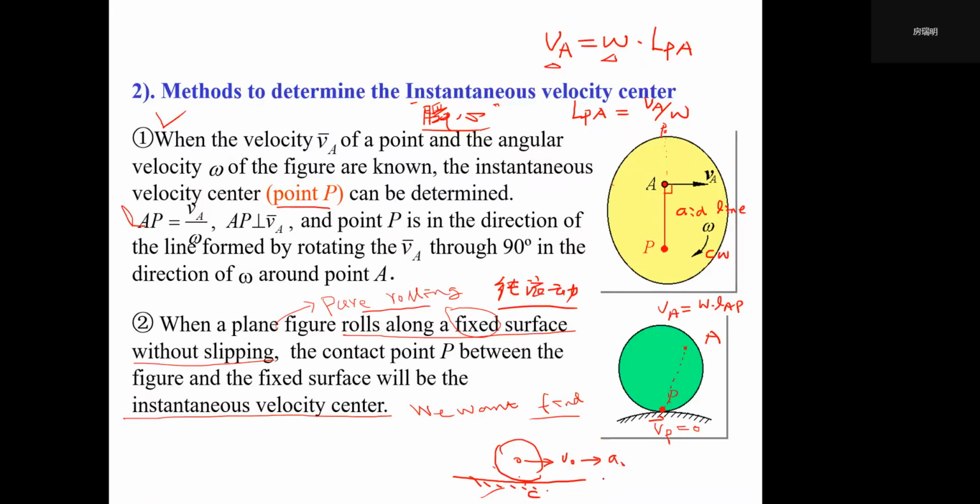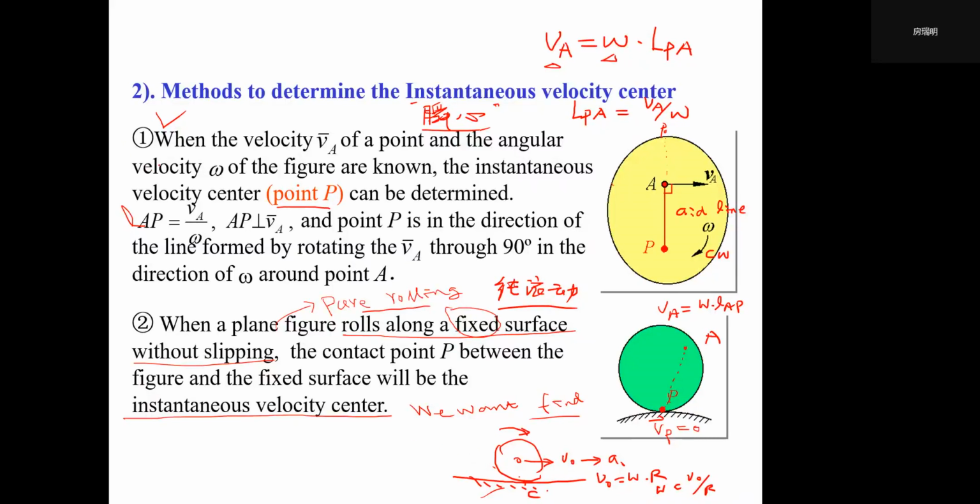So V0 equals omega times r, where r is the radius of this wheel. Then we can immediately find omega along this direction because we know the direction of V0, and omega will equal V0 over r. See, that's a very helpful use of this instantaneous velocity center, right? Maybe we will use this again through some examples.